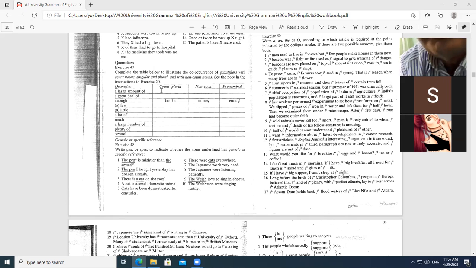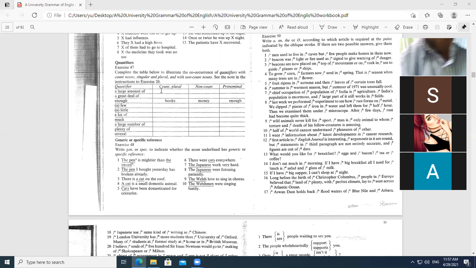Can we say a large amount of books? No, we can't. Can we say a large amount of money? Yes, we can. So here we can say it is used with countable plural and uncountable.